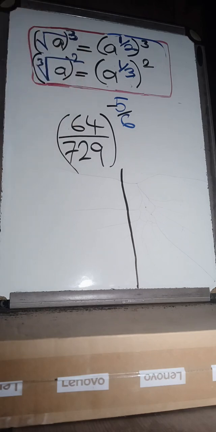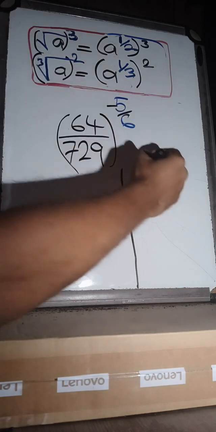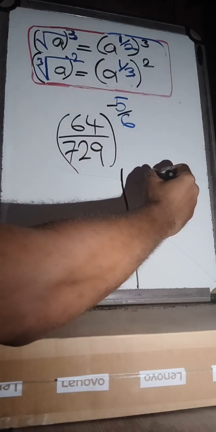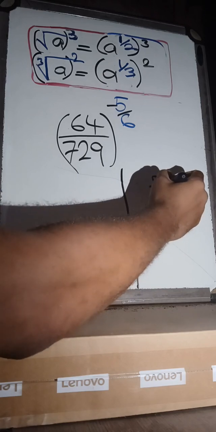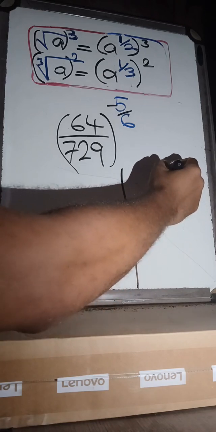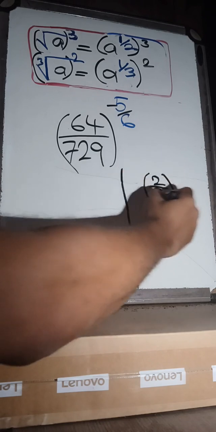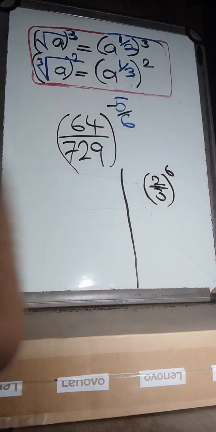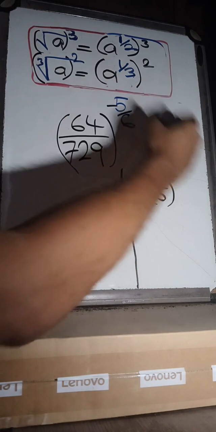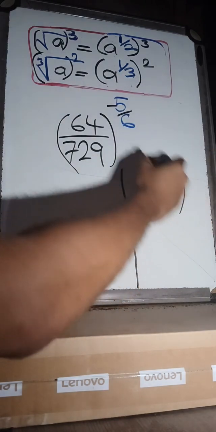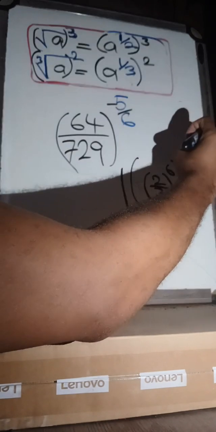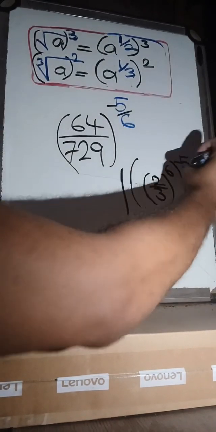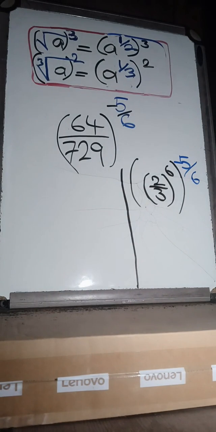Alright, fine. That means I have 2 over 3 that I raise to the 6. But all of this is raised to the minus 5 over 6.